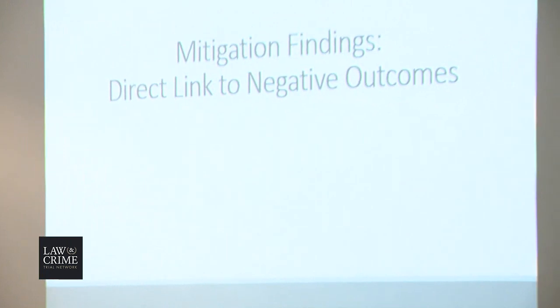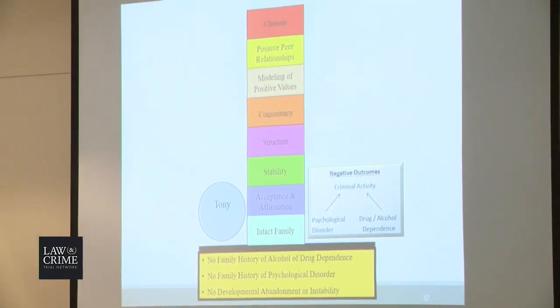Doctor, I'm going to direct your attention to your next slide. Tell the members of the jury what the slide represents. Well, the slide you're seeing right now is my effort to link the mitigation findings to the negative outcomes.